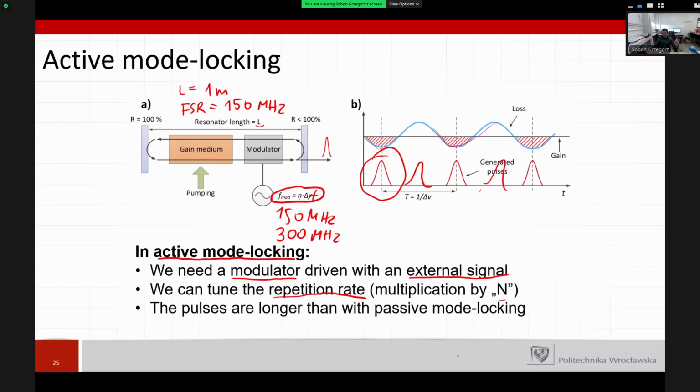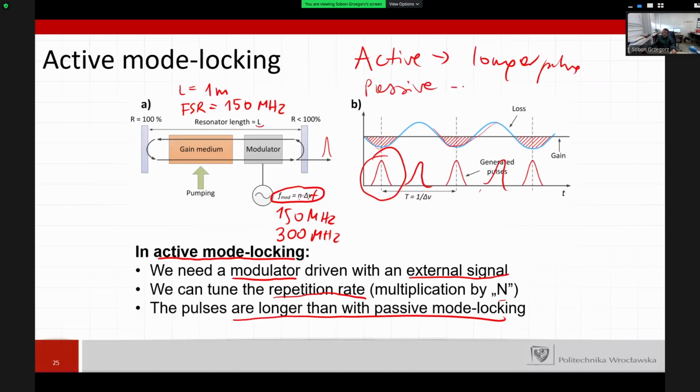And the main difference between passive and active mode locking is that active mode locking provides longer pulses than passive mode locking. So please remember that active gives longer pulses than passive.